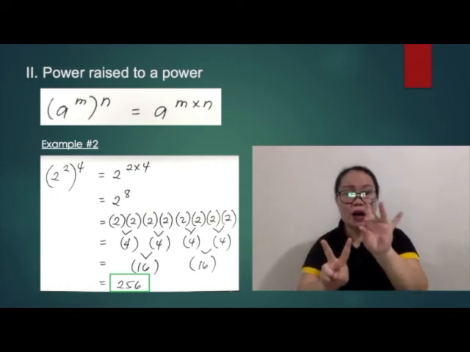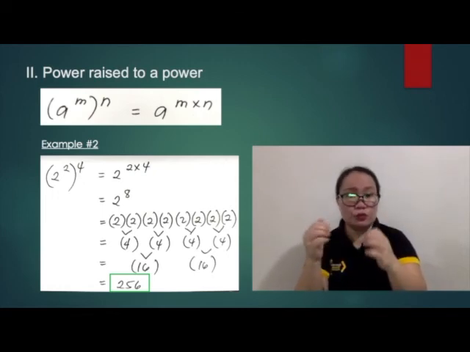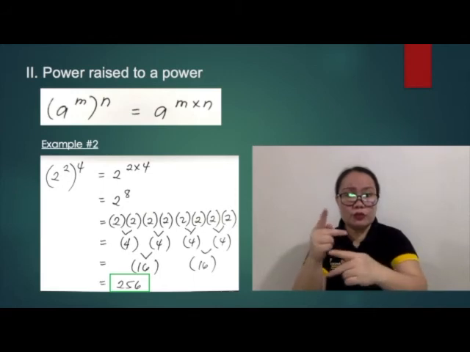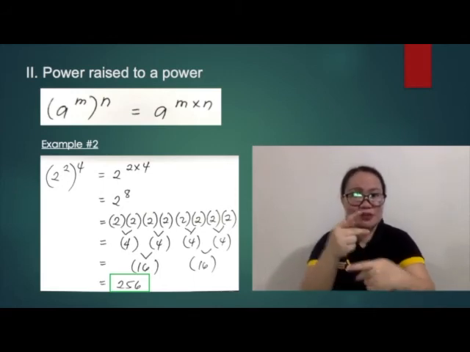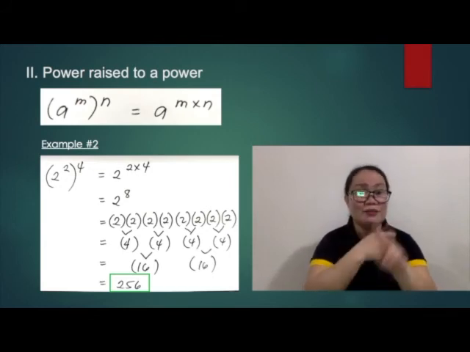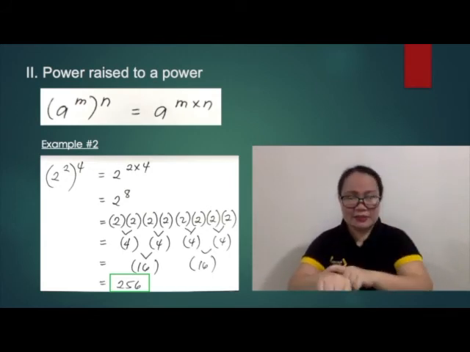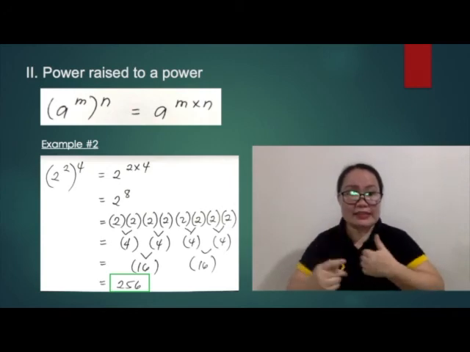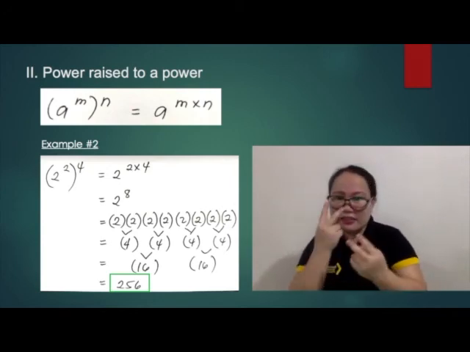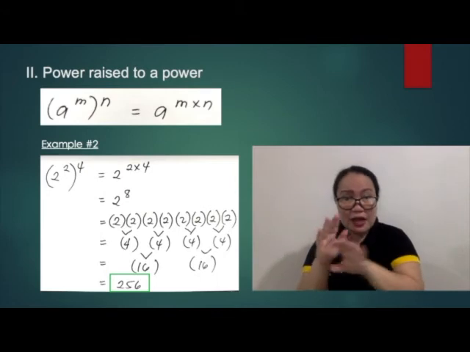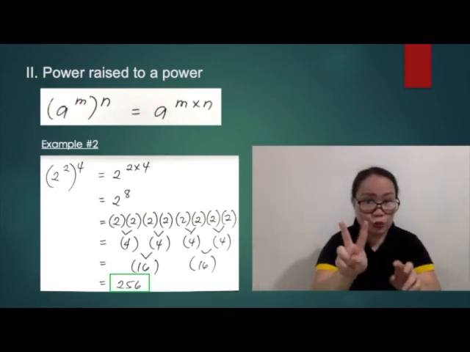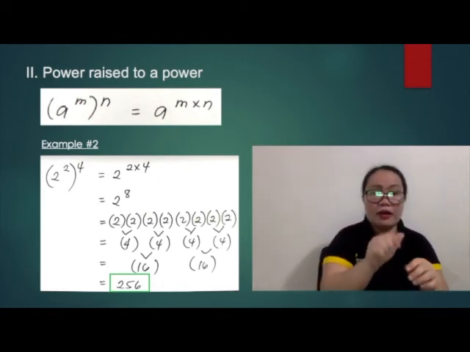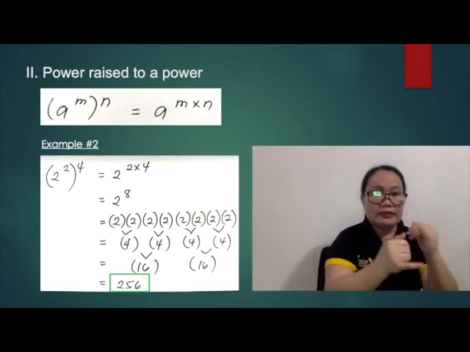2 raised to the power of 8 is equal to 2 times 2 times 2 times 2 times 2 times 2 times 2 times 2, 8 times multiplied by itself. Look at my example of how to solve it easily. 2 times 2 is 4, and the other 2 times 2 is 4, and so on for the last set.